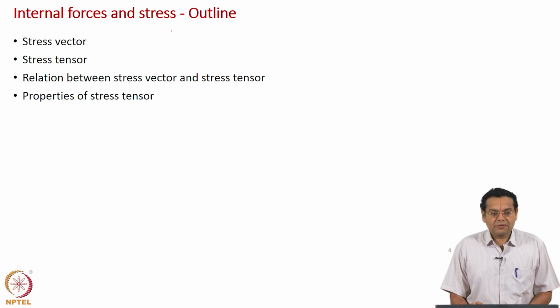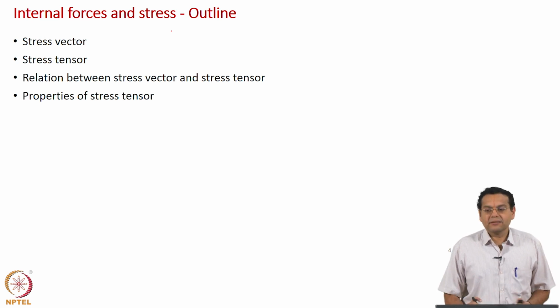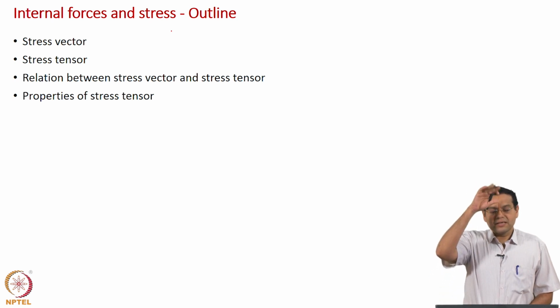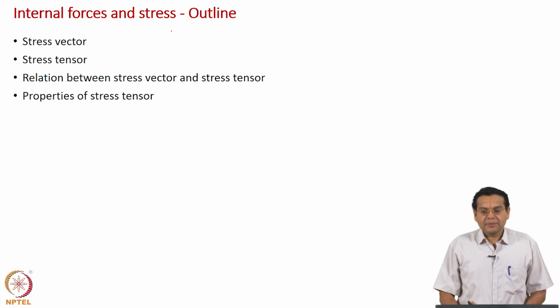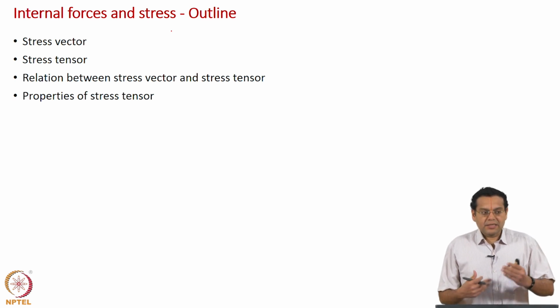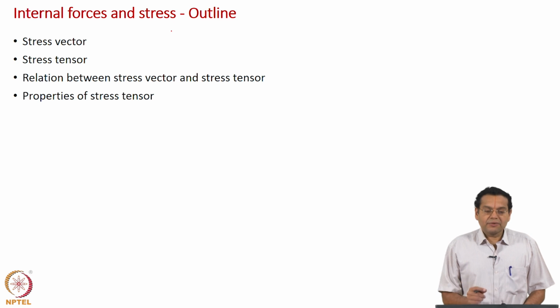I think you should have a very clear idea where we are. We are somewhere deep inside. We are deriving linear momentum balance in differential form, and in that, for the right hand side surface force, to understand that we come to solid mechanics. In that there are 3 sections, and this is the outline for the first section.